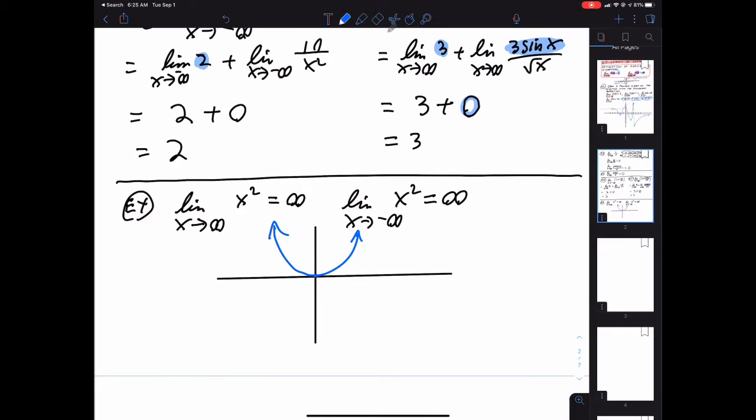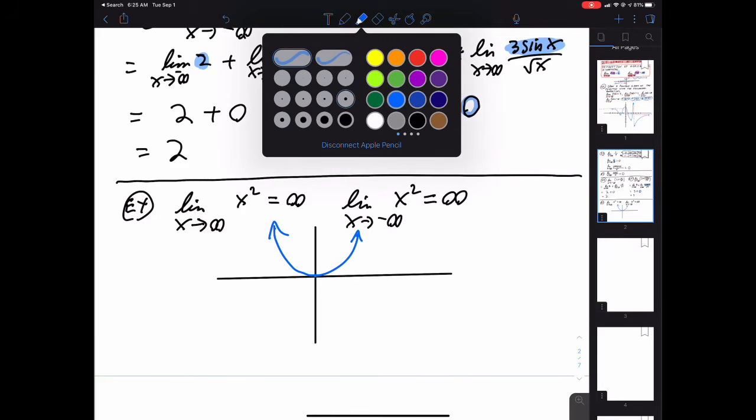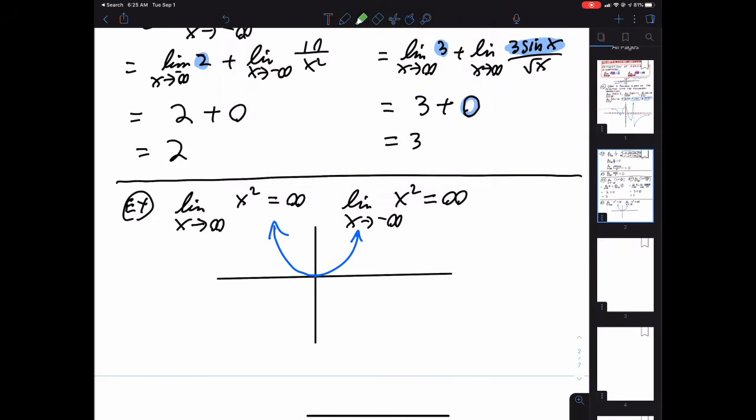So let's look at the first one here. What is this saying here? As I move where? To the right. The function, the y value of x squared does what? It goes to infinity. And look, as I move to the right, the function goes to infinity.